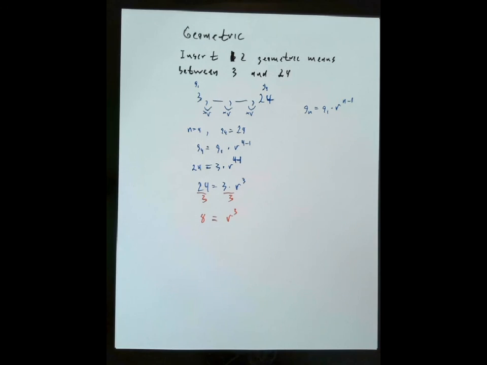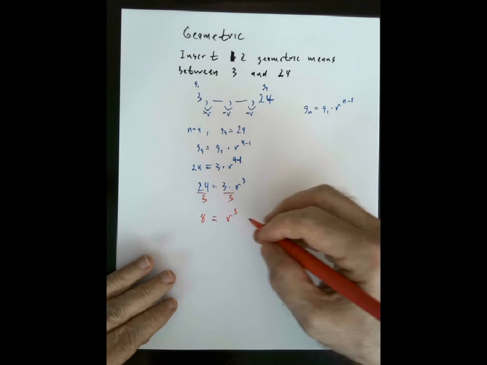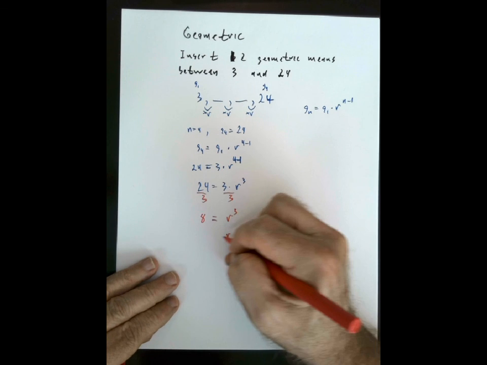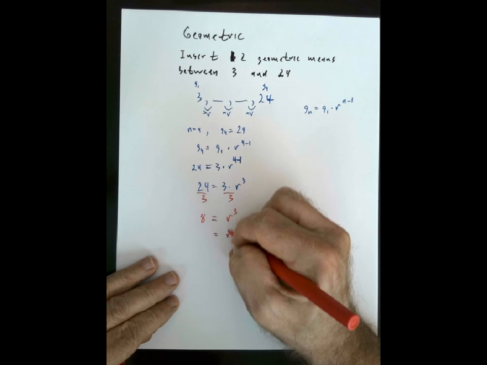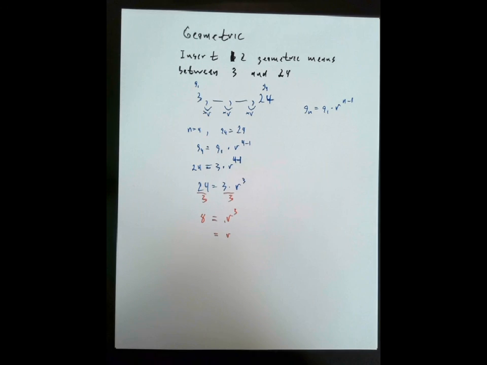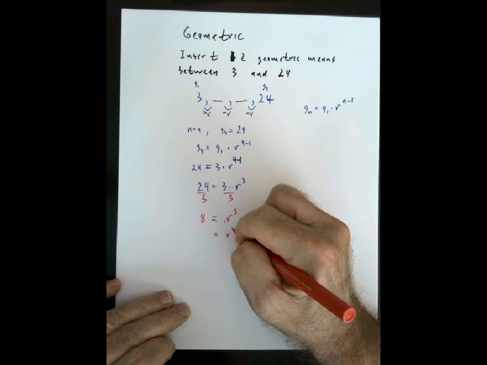Okay, so we've got 8 is equal to r to the third power, right? Now you might be able to see right off that the cube root of 8, at this point, we're going to cube root both sides.